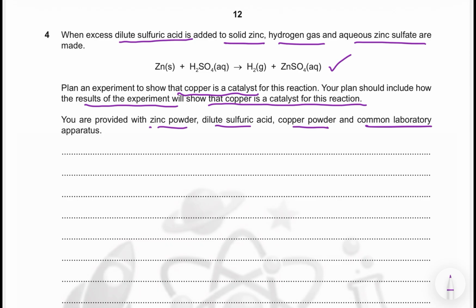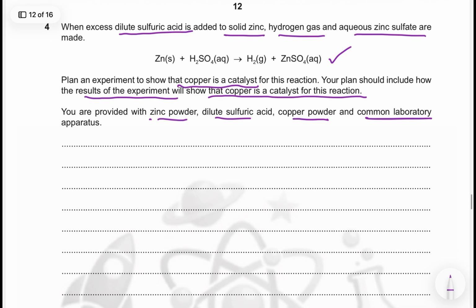Once again we can repeat this reaction, but this time we add copper, and we again record the time required for the reaction to complete, after which we can compare the time taken for completion of the reaction without copper and with copper. This will help us to understand whether copper is acting as a catalyst or not. Also, if copper does not take part in the reaction, then copper is acting as a catalyst. So we'll just write the points required.